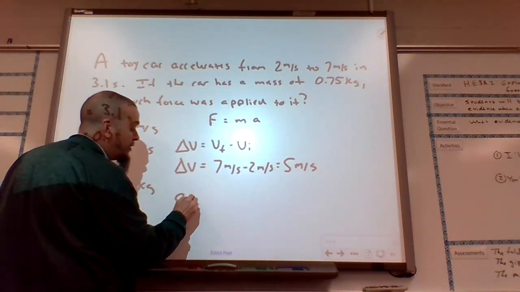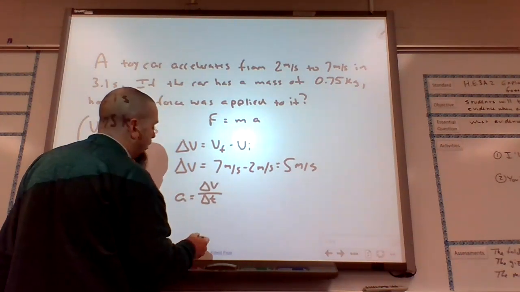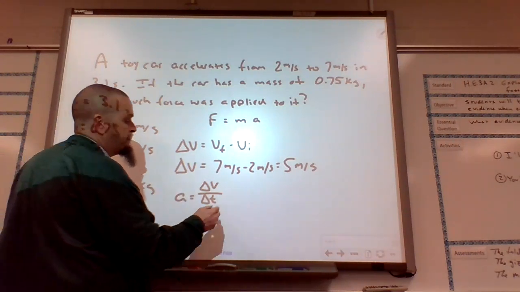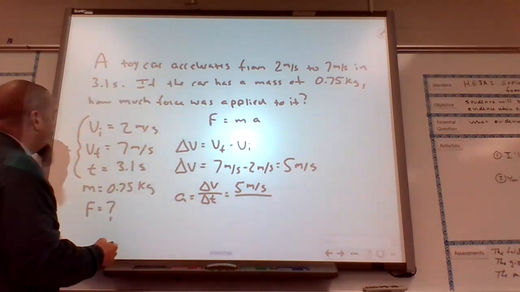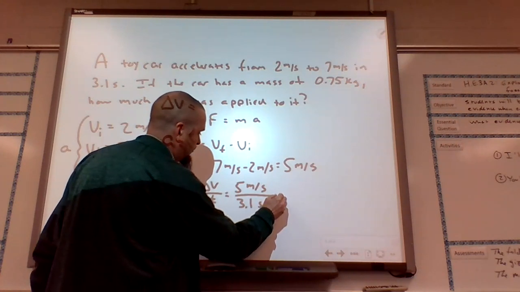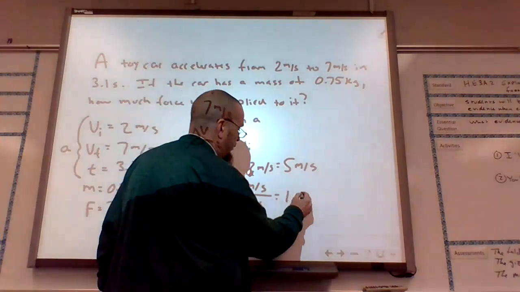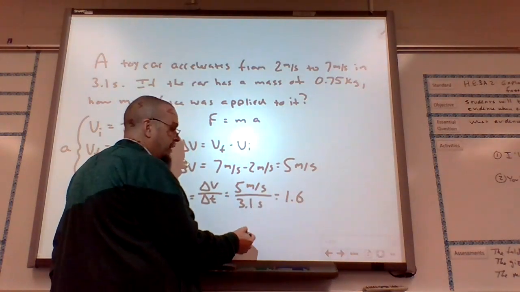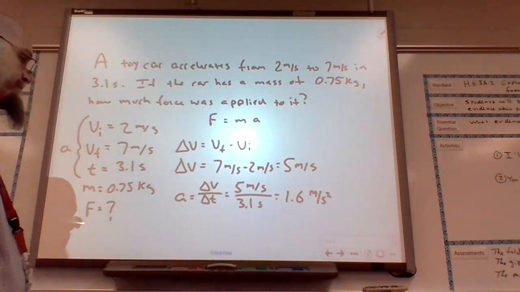And again, I know acceleration is delta V over delta t, the change in velocity over the change in time. So 5 meters per second over 3.1 seconds. 5 divided by 3.1 is 1.6. And that'd be meters per second divided by seconds, or meters per second squared.